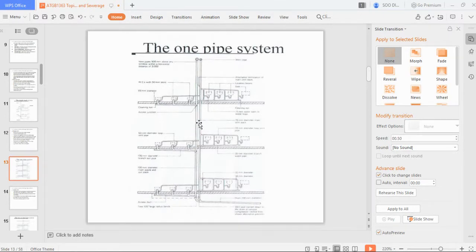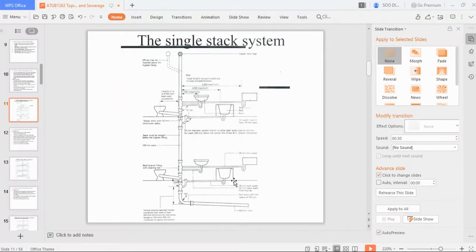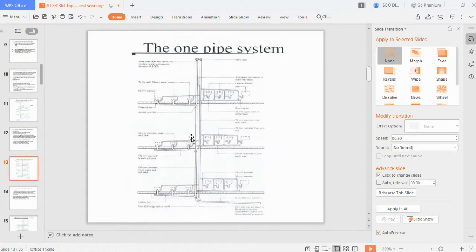So this is to accommodate a medium load. The first one, the single stack, you have all the waste going into the pipe, but you don't have an air vent. But for this one pipe system, you have two pipes. One pipe is for air vent, which you can see here. There's an additional pipe coming from the WC and also your basin to connect to the vent pipe, and then you have the discharge into the other pipe.